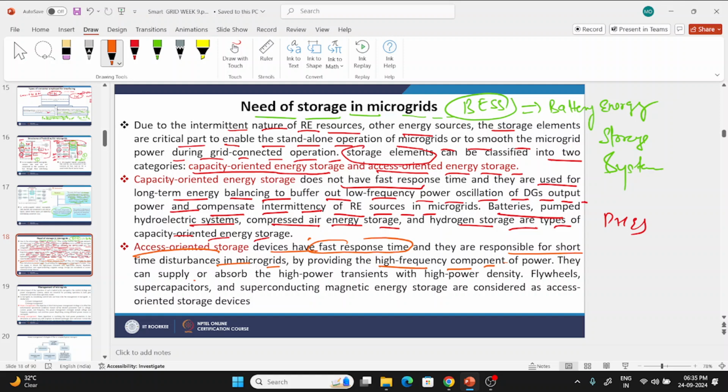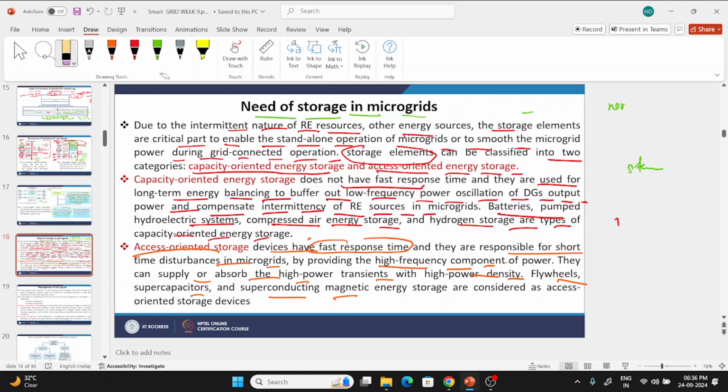They can also absorb high power transients, with a high power density, like flywheels, supercapacitors or superconducting magnetic energy storage. So these are all access-oriented storages.